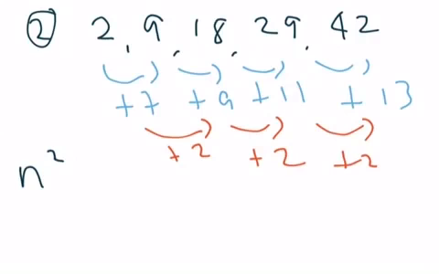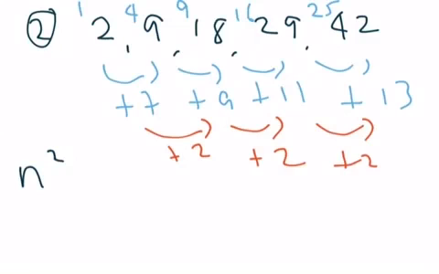Again, just like we did before, if we list our numbers at the top, so the first term, 1 squared is 1, 2 squared is 4, 3 squared is 9, 4 squared is 16, 5 squared is 25. So step 2 then, just like before, we compare these two numbers.